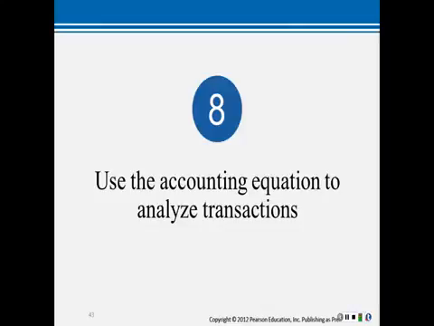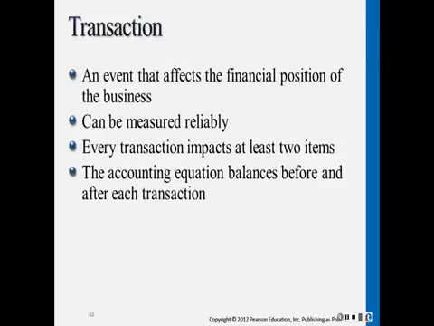This Objective 8 is using the accounting equation to analyze transactions. First, before we get into this, we need to define what a transaction is. Accounting is based on actual transactions, not opinions or desires. When you start recording opinions or desires, it could be interpreted as fraud. In fact, it is fraud.